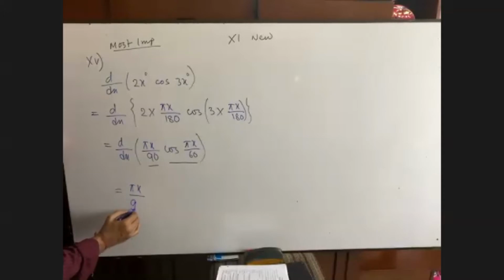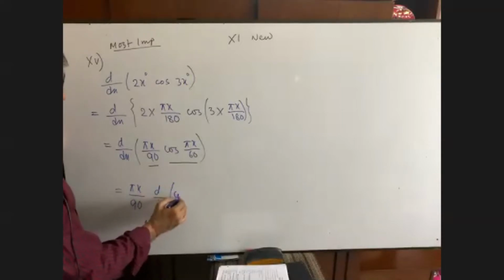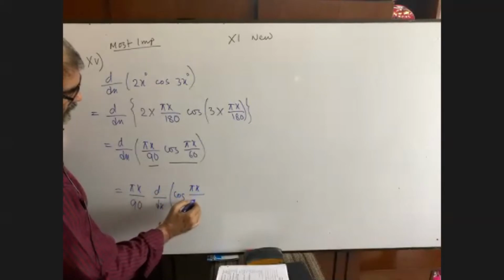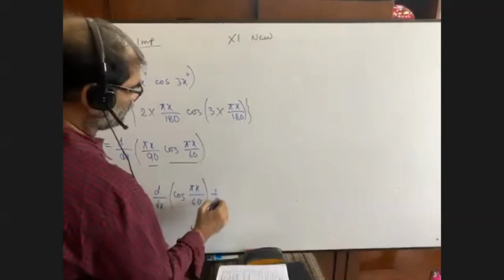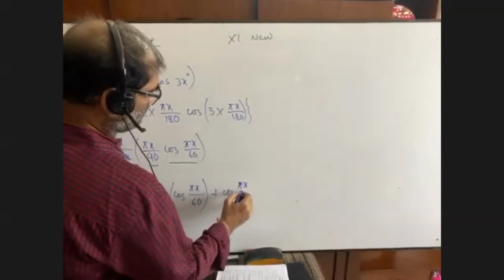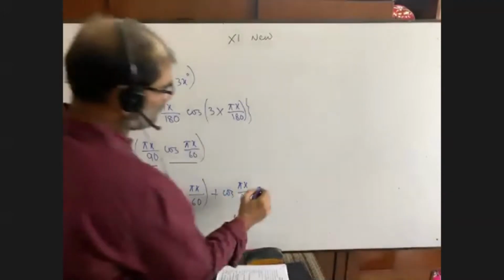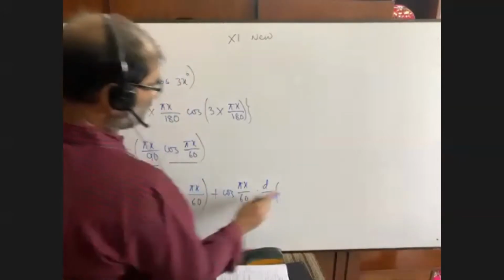It is U d by dx V plus V d by dx U. Here it is U d by dx of cosine pi x by 60, plus V, cosine pi x by 60, into d by dx U. What is U?